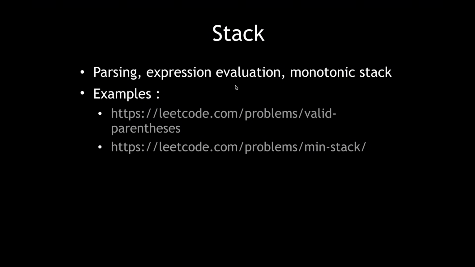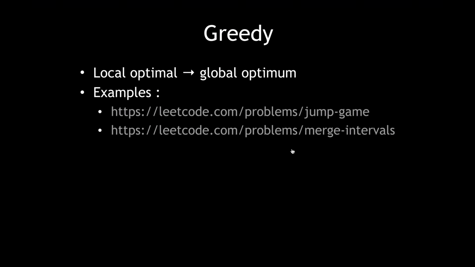Examples would be valid parentheses and min stack. The 10th pattern is called greedy. It's used for solving problems with local optimal choices that lead to a global optimum. Examples would be jump game and merge intervals.